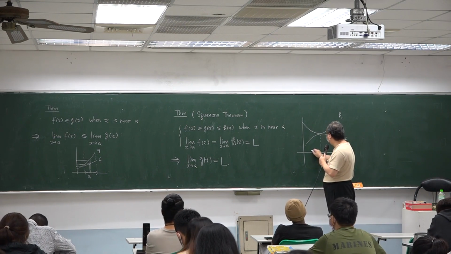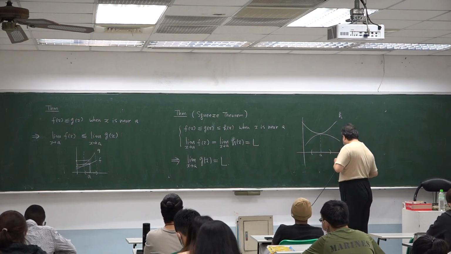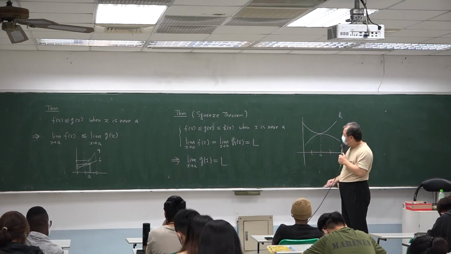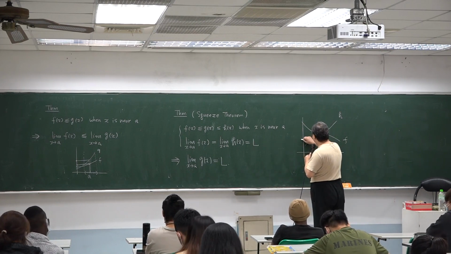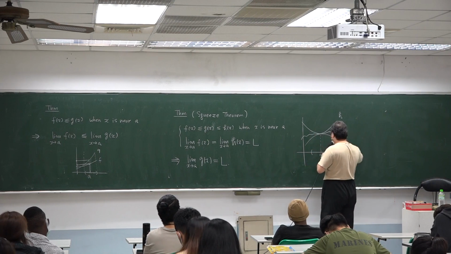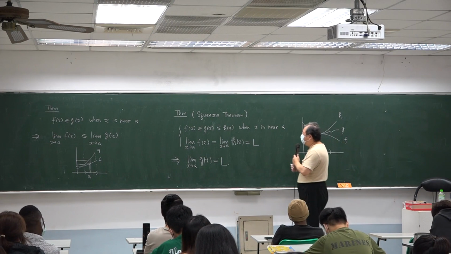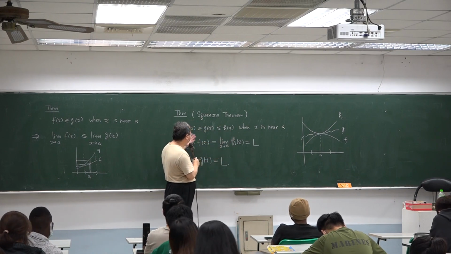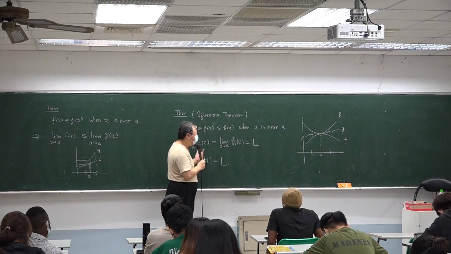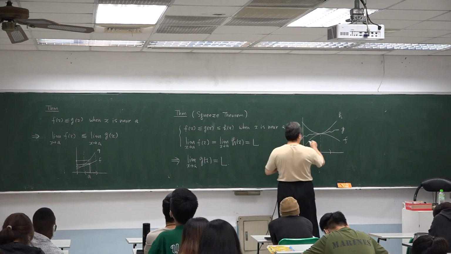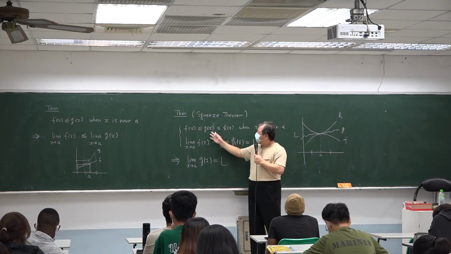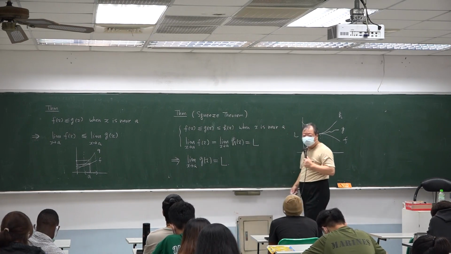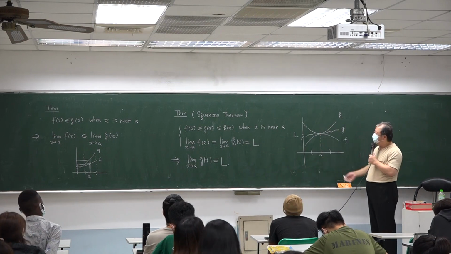When x is near a means you can find some open interval or neighborhood about a with some radius, maybe very small, and the three functions g, f and h are ordered. Suppose the limits of the largest one and the smallest one exist and are the same, L. Then the limit of the middle one exists and equals L. This is called the squeeze theorem.